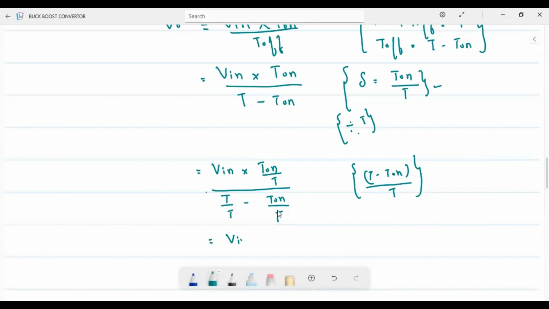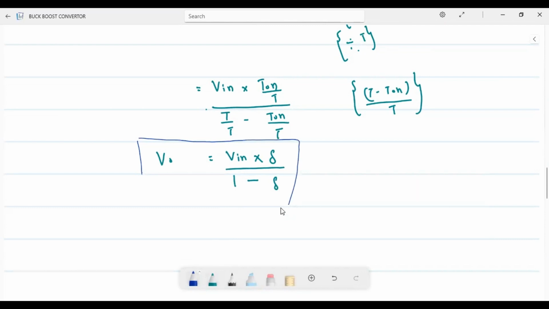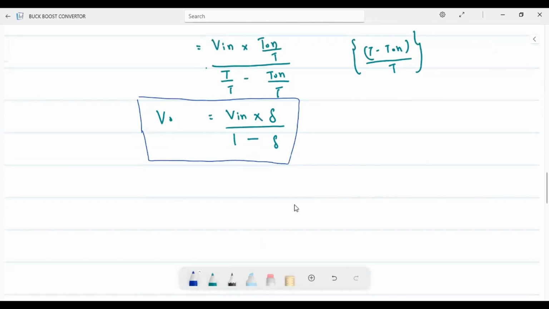So this will be written as V input into duty cycle, divided by T by T is 1, minus again T on by T is duty cycle. So this is the output equation: V out equals V input into duty cycle by 1 minus duty cycle.